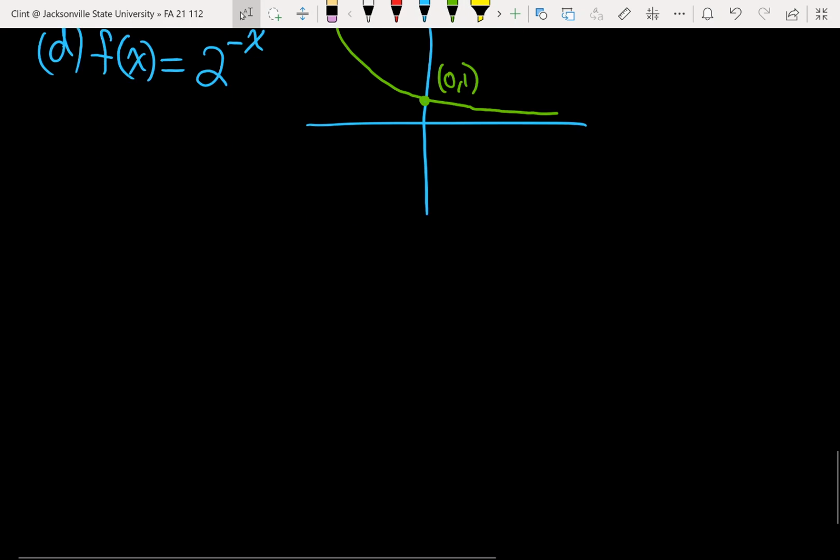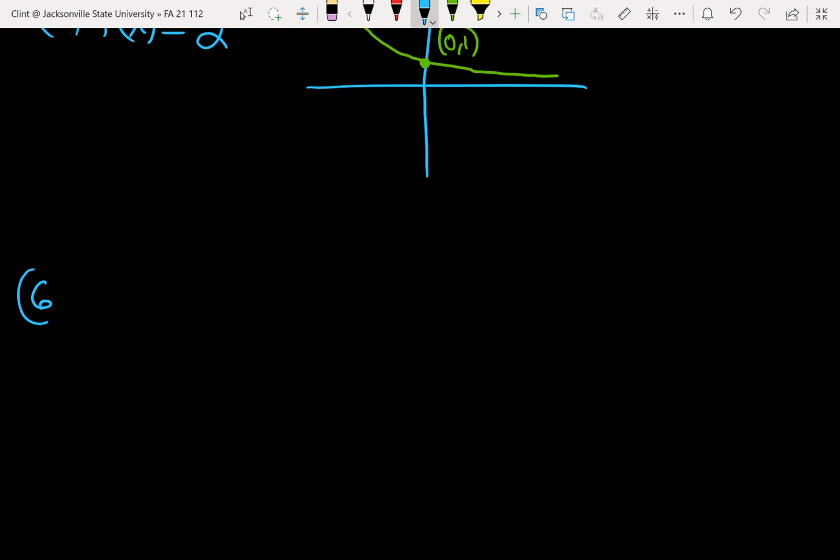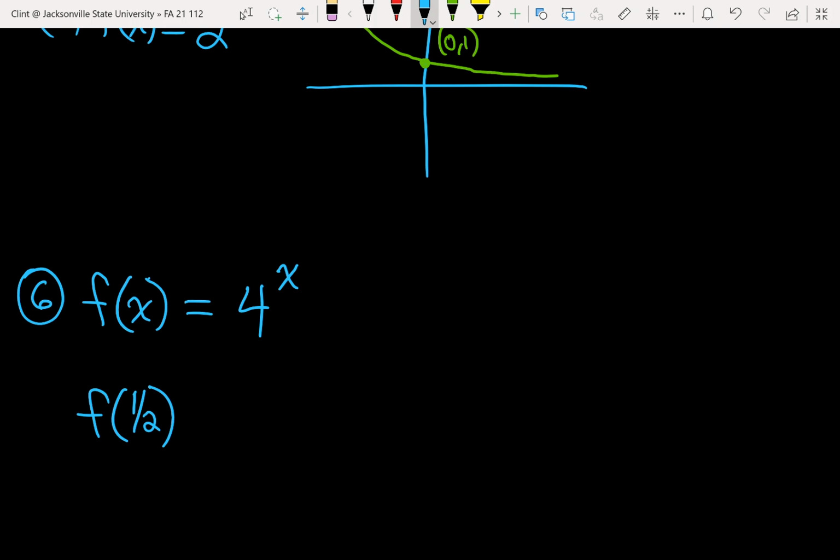Okay, number 6 is really just a calculator problem. It gives us an exponential function, and then it says find some different numbers. So like find f of 1/2. On that one, that would just be 2, but you can do it in the calculator.